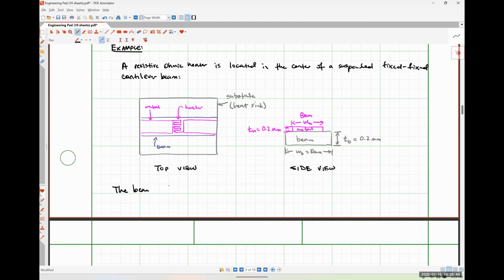The beam is made of silicon nitride, which has a thermal conductivity of 5 watts per meter Kelvin.